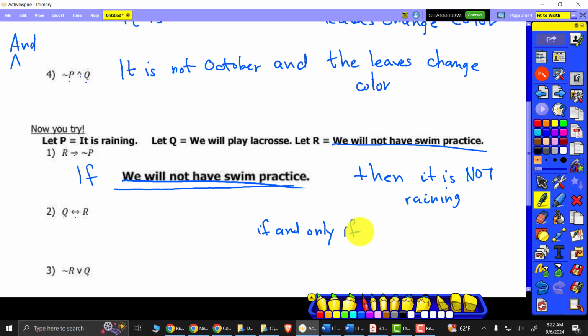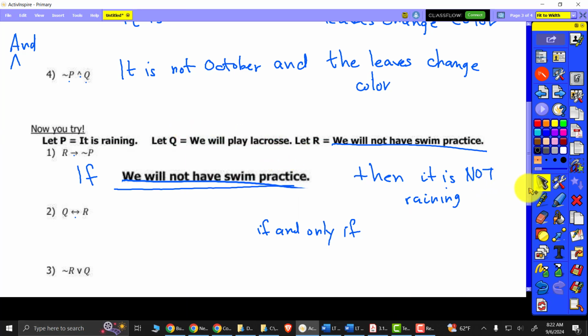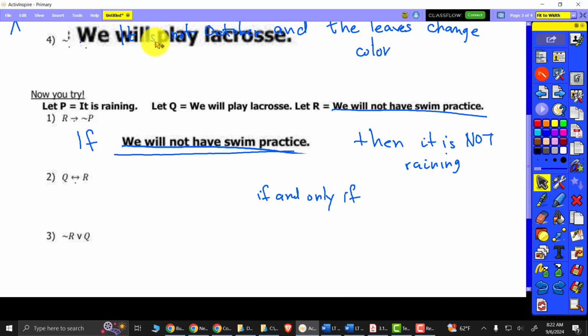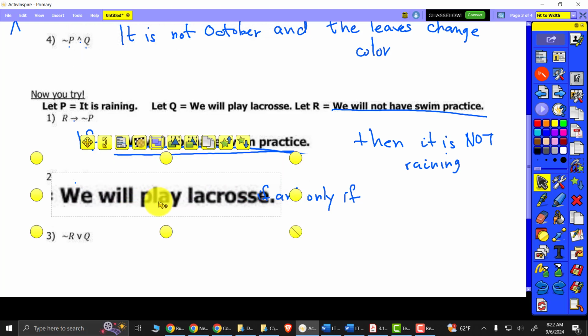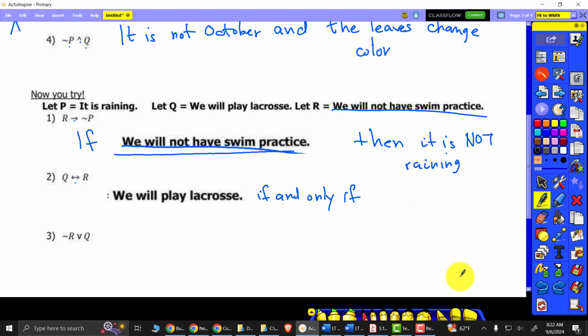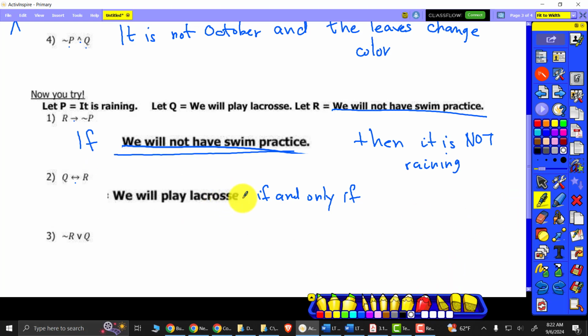So Q, I'll just have to copy whatever my statement Q is. So we will play lacrosse, without the period. Let's remove the period.